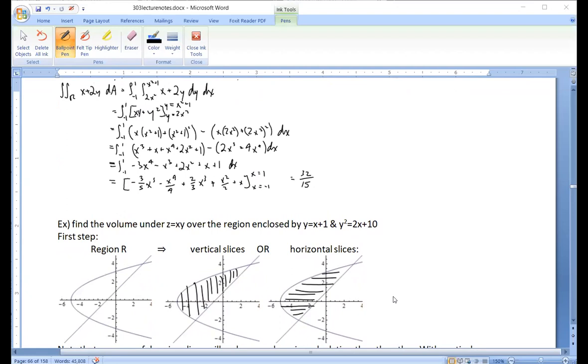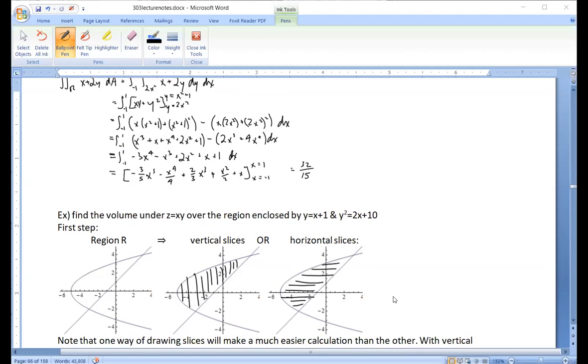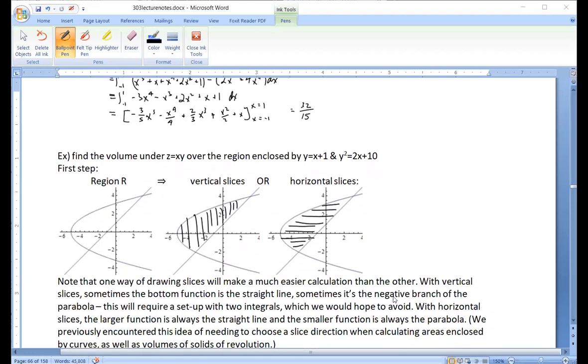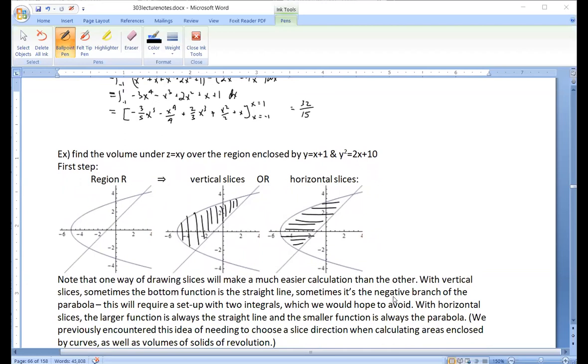Now, from the sketch of the two slice choices, which one looks like it's going to be easier to use, and why? Well, notice that with vertical slice choices, you've got different functions on top and different functions on bottom at various times.